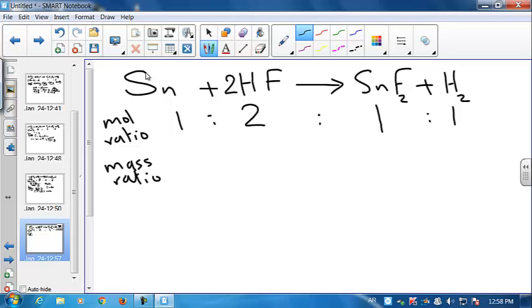Yes, it is 50. It's not 50, it's 118.7. Let us make it 118.7. Let us make it 119. 119 gram of tin gives, here the ratio between what and what? How many grams of tin fluoride produced by HF?